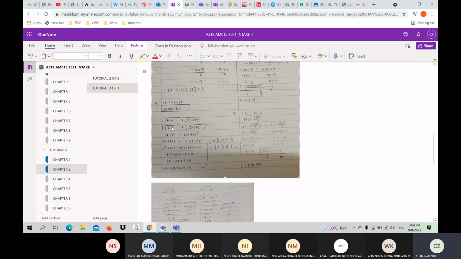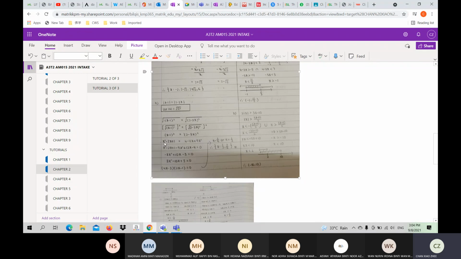Kemudian kita square root x minus 1 square, we will square again to remove the square root sign. So, will become x minus 1 square equals to 2 minus 3x square. Then, kamu expand lah x minus 1 square dengan 2 minus 3x square.